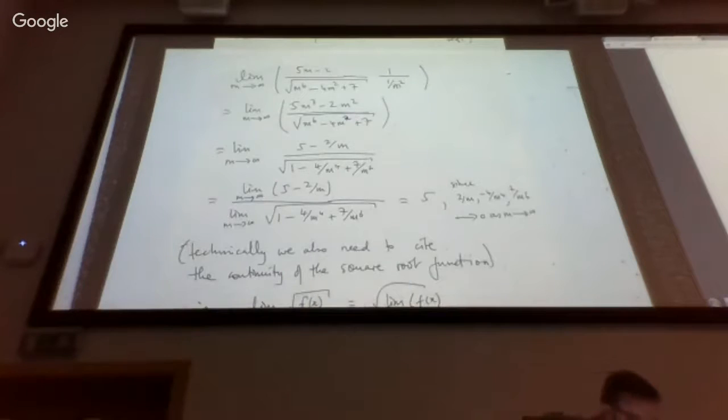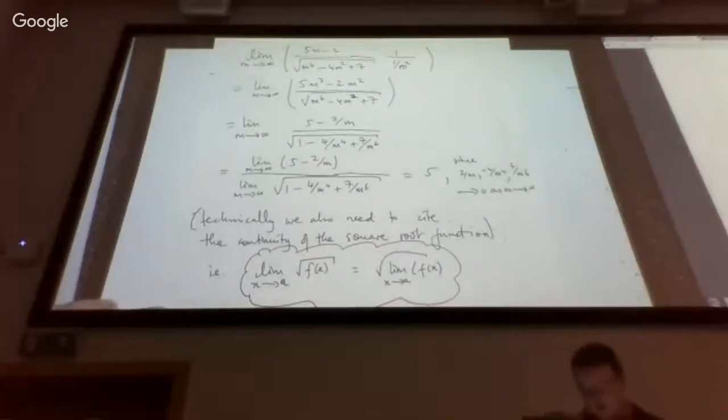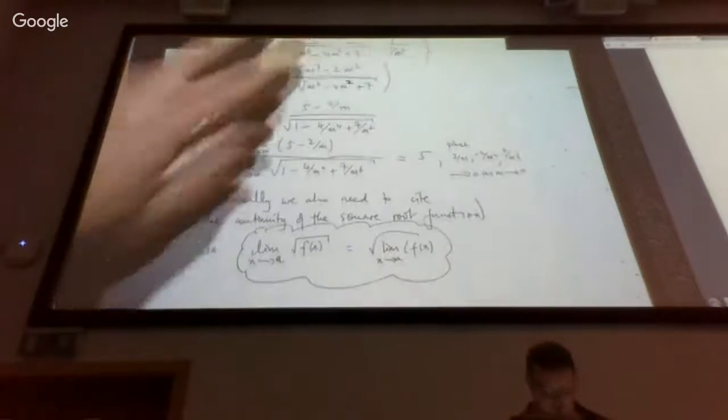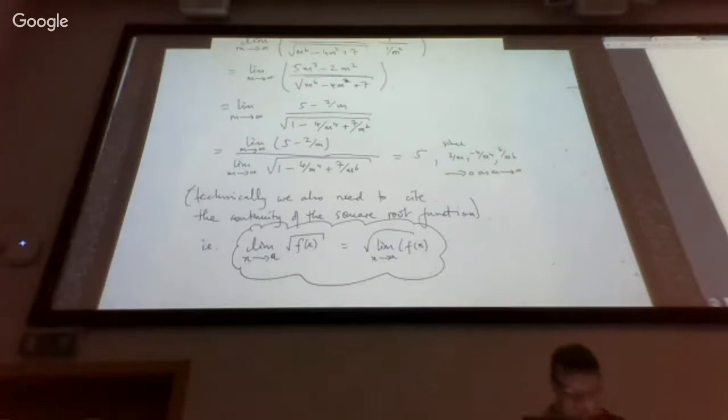This kind of operation of interchanging the order of a limiting process applied to a function of something, saying that that's the function of the limiting value, that property is the continuity of the function that we're swapping the order of. So this is the continuity of the square root function. But we've just started talking about continuity. We'll be picking that up, talking about that in a lot of detail after Christmas.